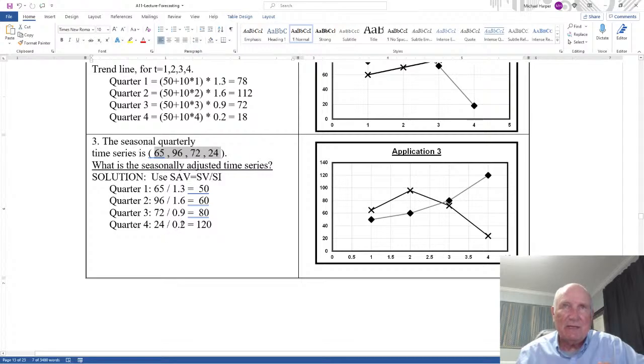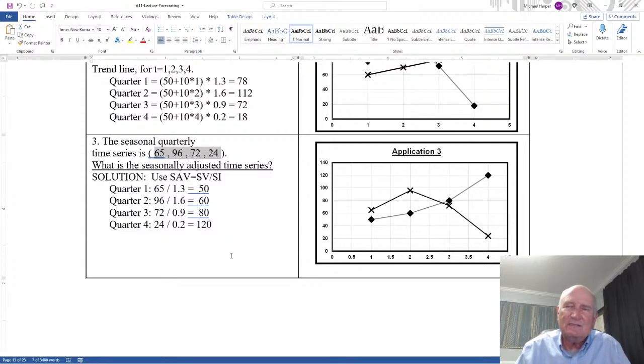So if I divide by my indexes, then I get 50, 60, 81, 20, and the underlying trend, you can see it right there. As a matter of fact, it's accelerating. So next year, our forecasts are not going to be down here. Our forecasts are going to be way up here somewhere. So seasonally adjusting a time series is valuable because usually seasonal indexes don't vary much from year to year.